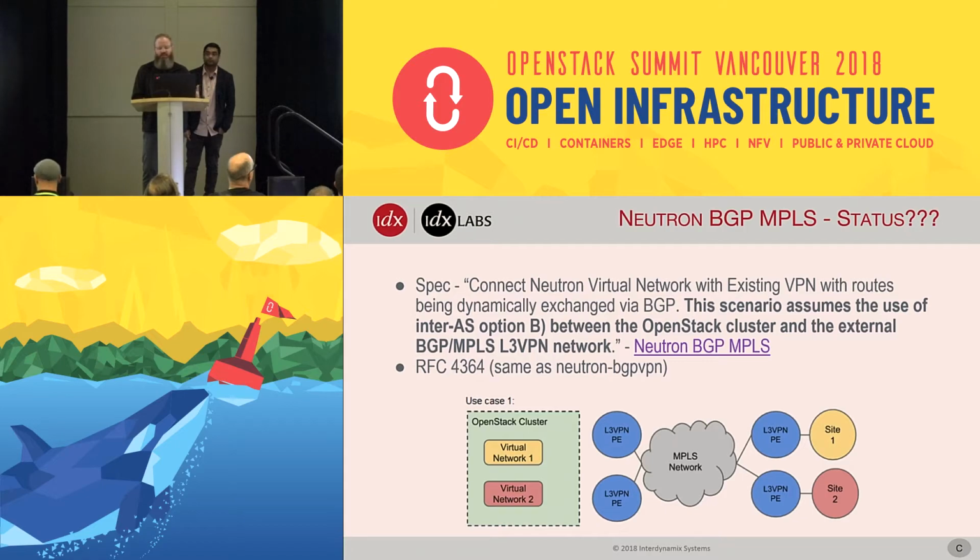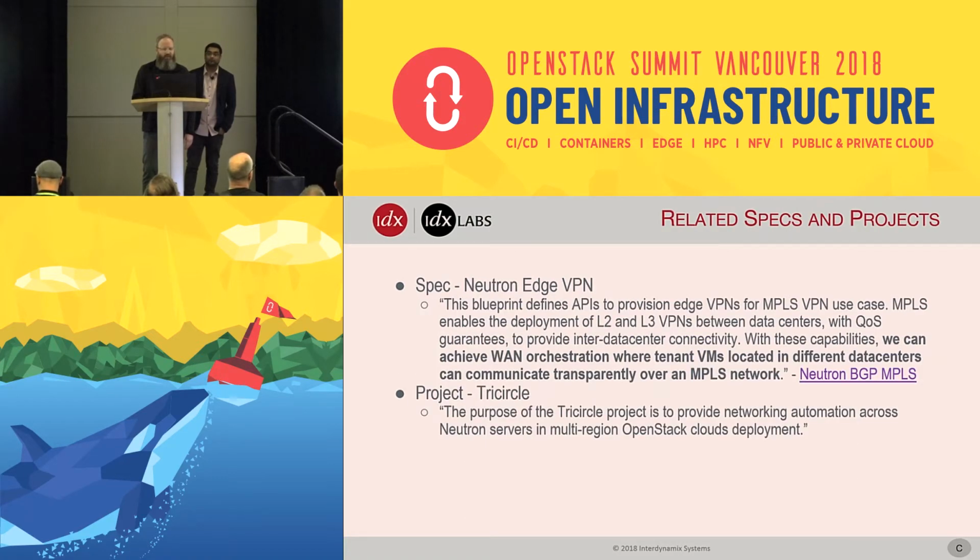I don't know what its status is, but it has the same kind of concept: how are we going to connect multiple OpenStack clouds together across some sort of WAN? There's a Neutron Edge VPN spec as well, which has some of the same concepts and conclusions in it. And then there's a project called Tricircle, which is also trying to build some sort of Neutron to Neutron API.